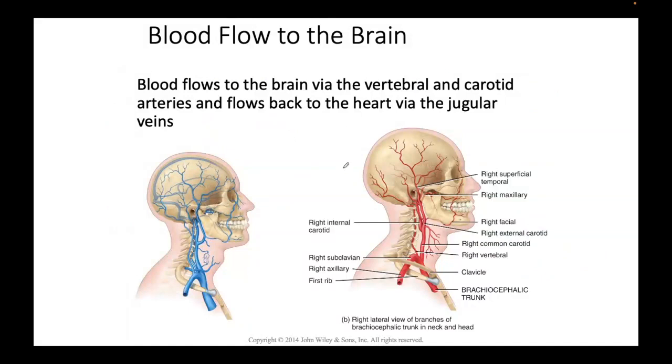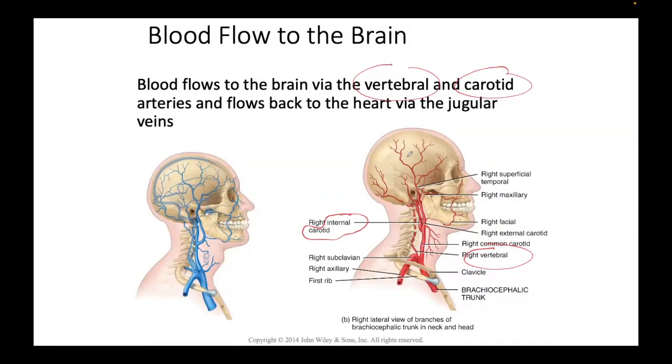And we are going to have several lectures on the cardiovascular system, but we're just going to introduce that the blood flow to the brain is coming from main arteries that come off of the heart, one being the vertebral artery, which is here, going through the vertebrae, through the transverse foramen, and then the second being the carotids, especially the internal carotid that goes into the brain.